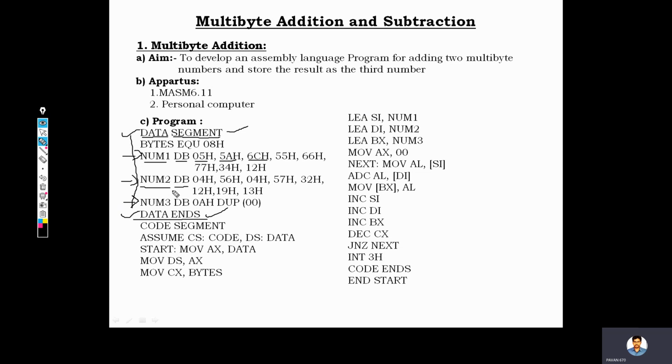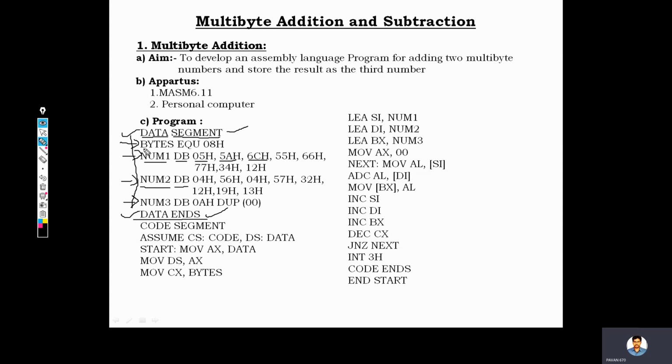That's why we need to perform operations on each array. On how many elements do we need to perform this addition? On 8 elements. That's why I have created a variable called bytes to indicate the count of the number of elements, so that it will track the count.